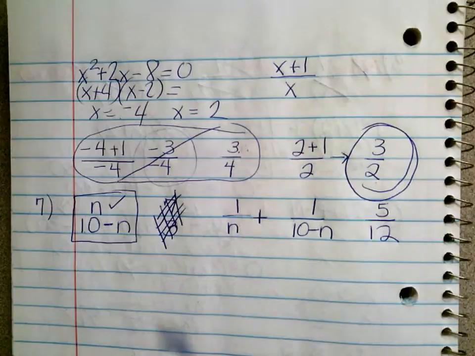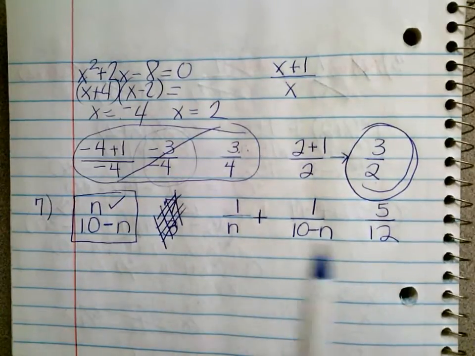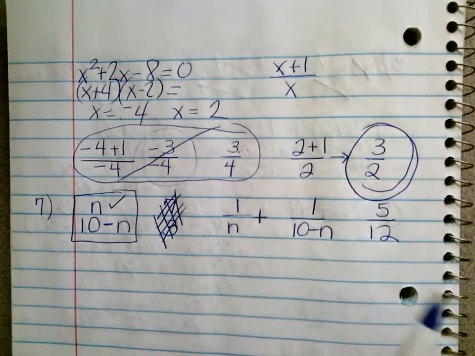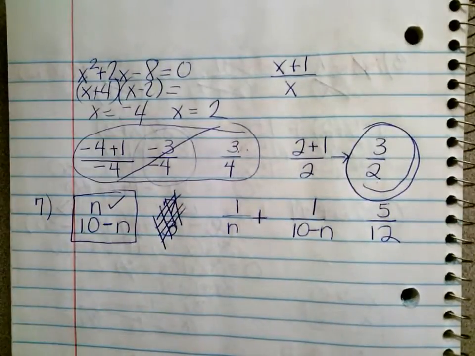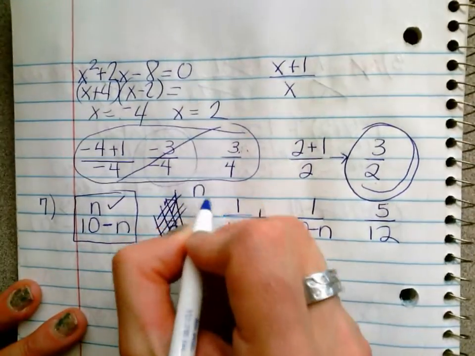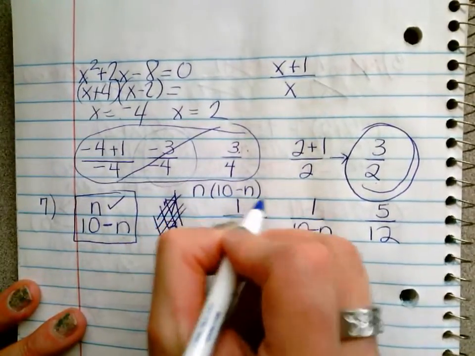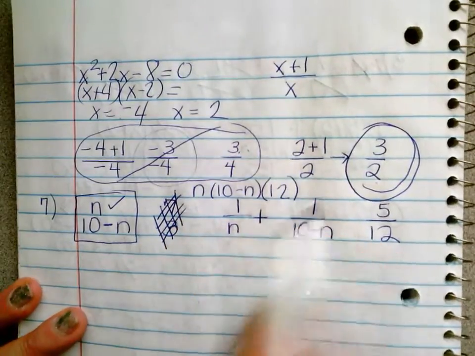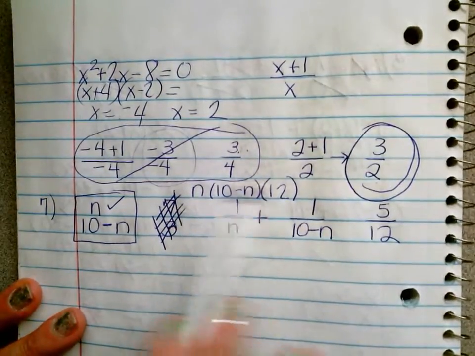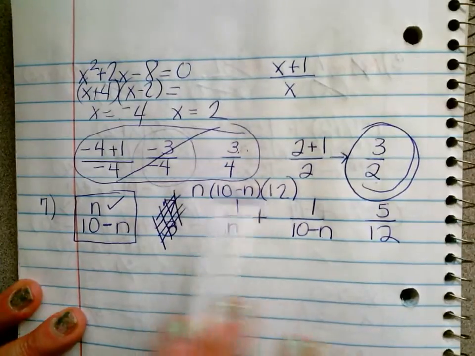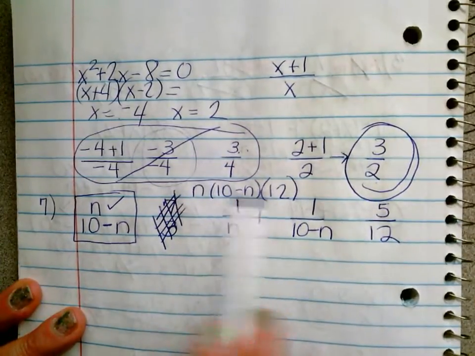Lowest common denominator is the greatest power of anything showing: n times 10 minus n times 12. Got to multiply all that in there: n, 10 minus n, 12. All of this gets multiplied by each piece. Okay?